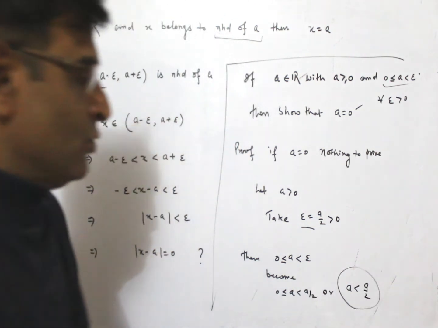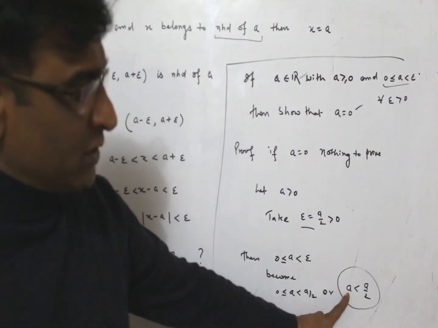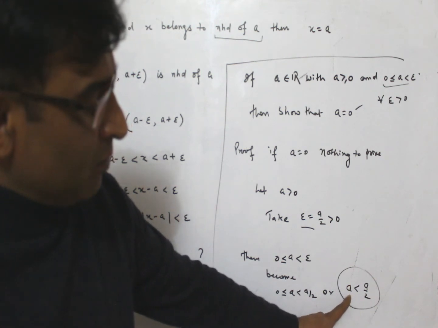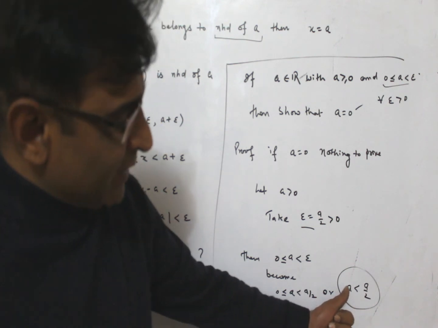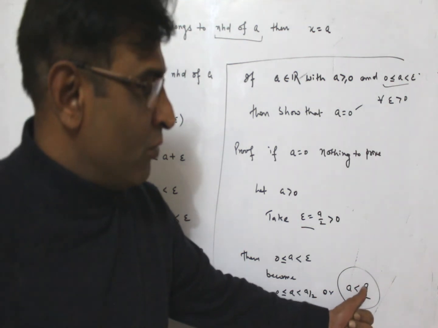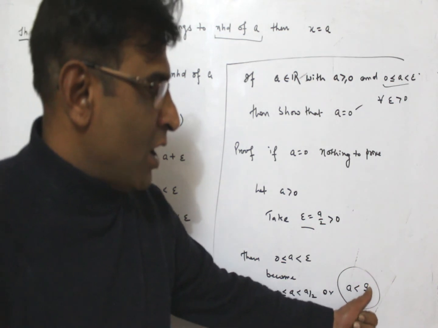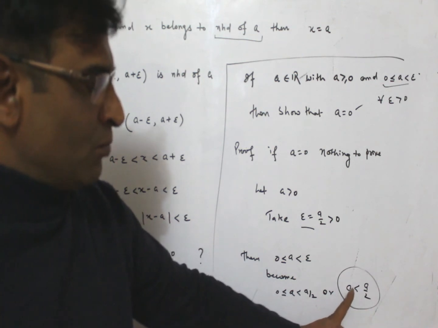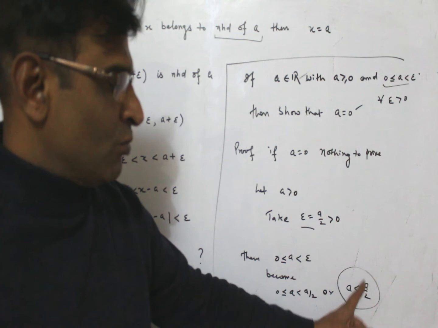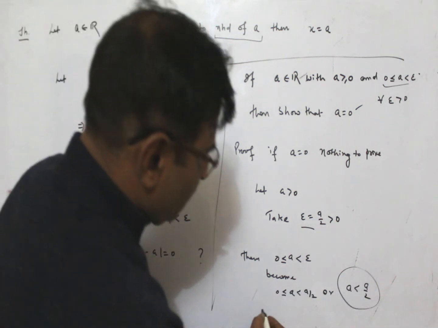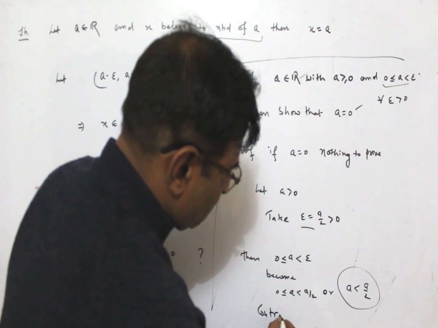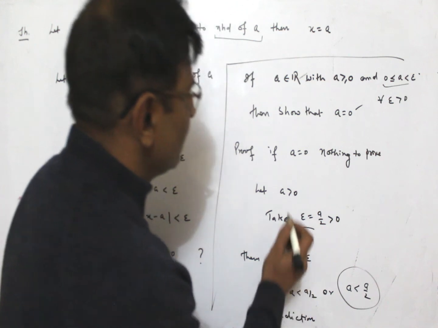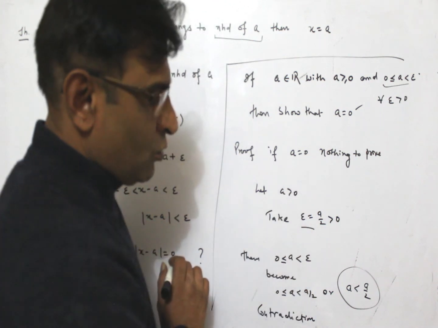This result is untrue because A is a positive number, and here we reach the conclusion that A is less than half of itself, which cannot be true. A positive number can never be smaller than half of it. So it is a contradiction to the supposition that A is positive.